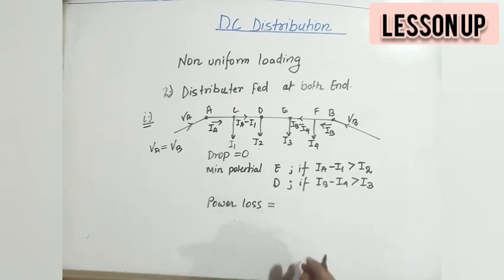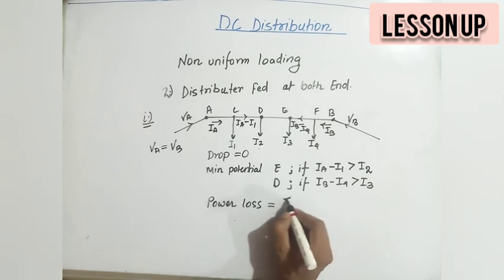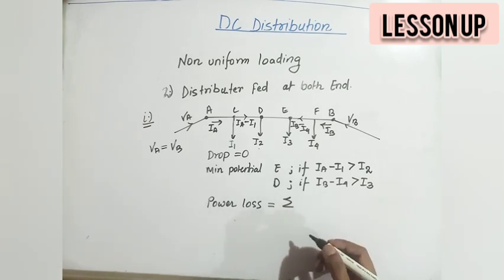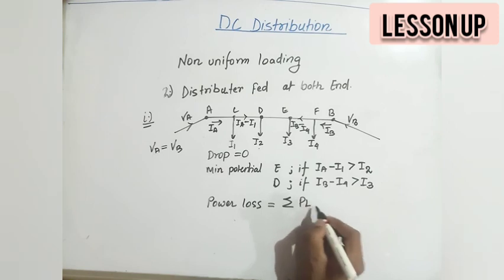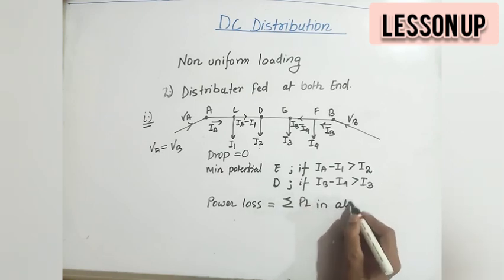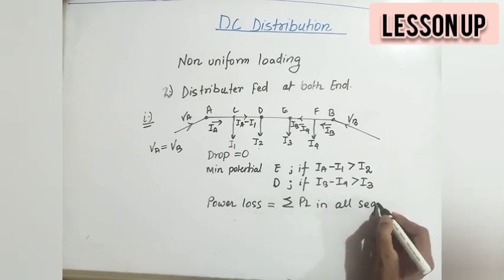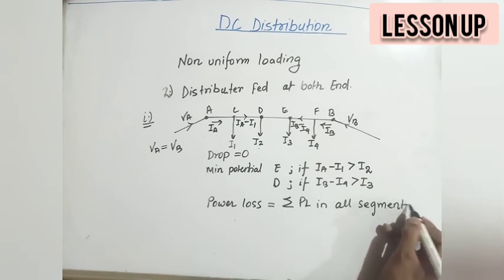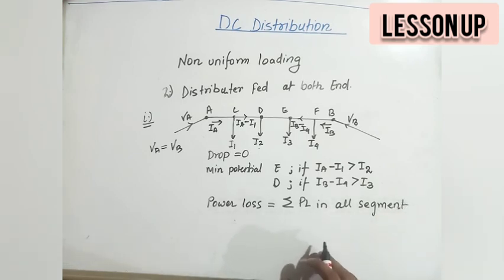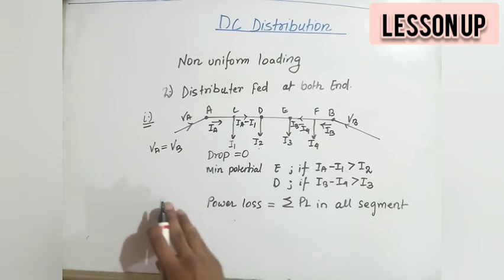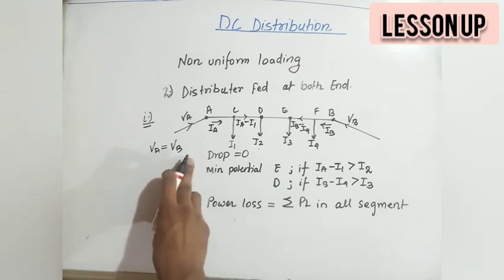The power loss will be equal to the summation of power loss in all segments. This is when we are providing an equal amount of supply from both ends.